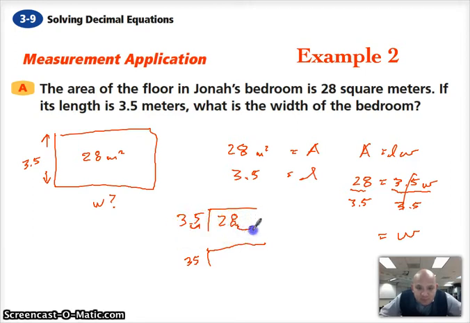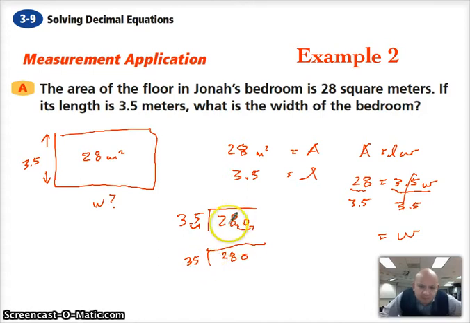So I move it once over. I have 35 into 280. Now, how many times does 35 go into 280? Well, I know 35 times 10 is 350, so it's going to be less than that. I'm going to look for numbers that are going to get me close to 280 here.